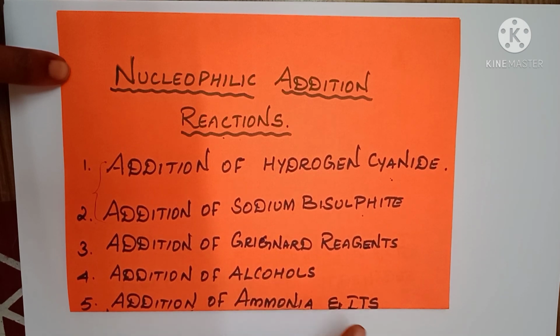If alcohol reacts with formaldehyde, acetaldehyde, or ketone, you come to know what formation we got. The last one, which we are going to see in the upcoming video, is addition of ammonia and its derivatives. That is very interesting and I will give you the easiest tips.